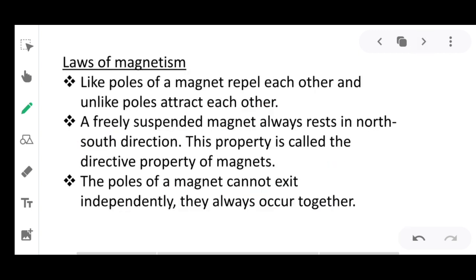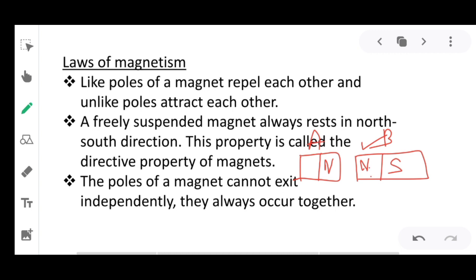Then, laws of magnetism. We know that a magnet has two poles, north pole and south pole. If you keep a magnet near another magnet, this is magnet A and this is magnet B. If you keep the north pole of magnet B near the north pole of magnet A, then they repel each other.